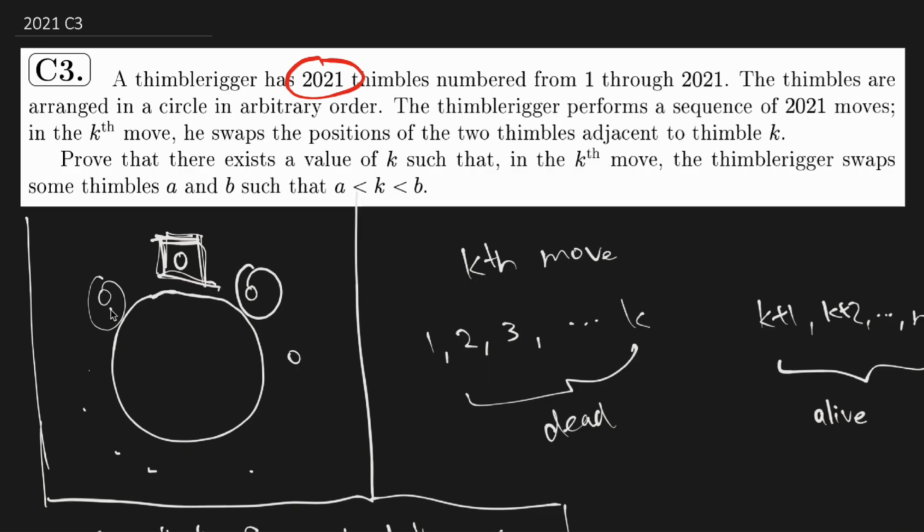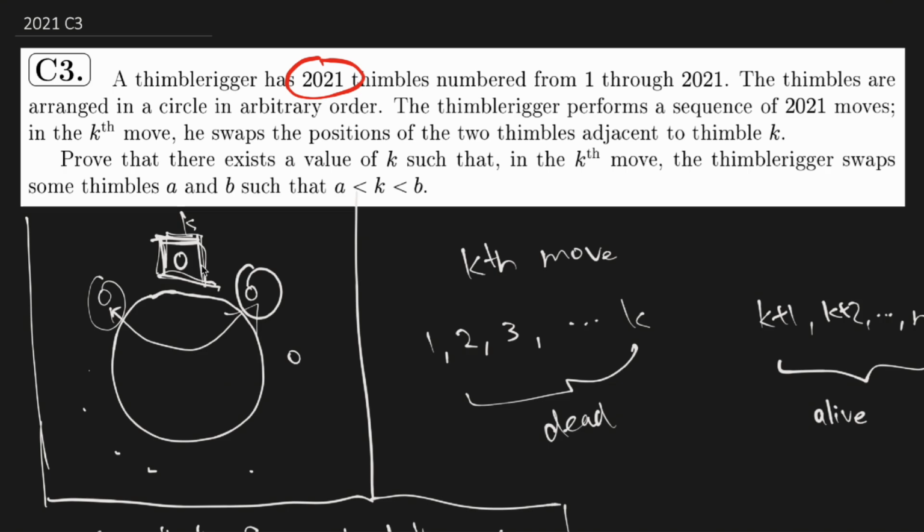And so these two swap, but notice that these two are either both greater than K, let's call this K, or they're both less than K, which means that they're either both alive or both dead. So if we just look at this map right now, every time we perform an operation, we make an alive index dead, and we swap two indexes which are either both alive or both dead.